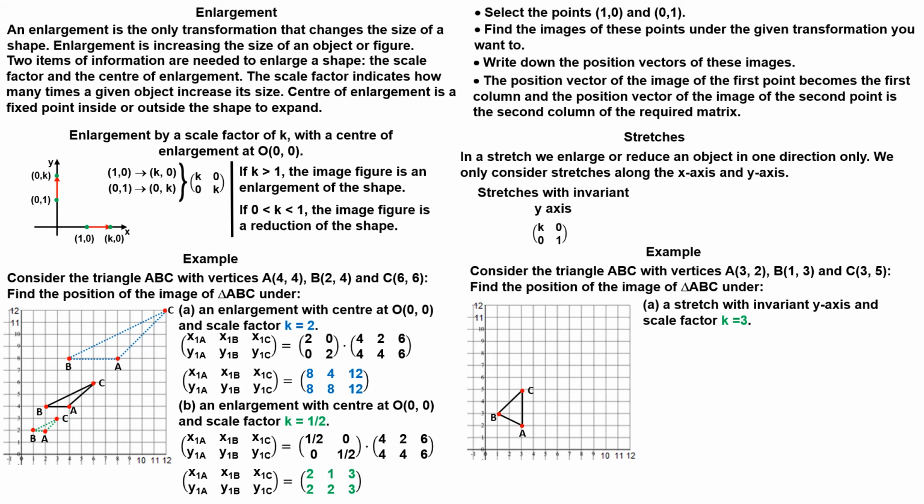We take the transformation matrix and left multiply it by the shape matrix of triangle ABC to get the image of the triangle ABC under this stretch. The y-coordinates are not changed.